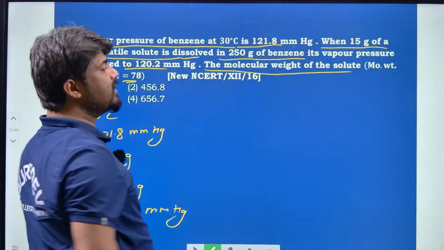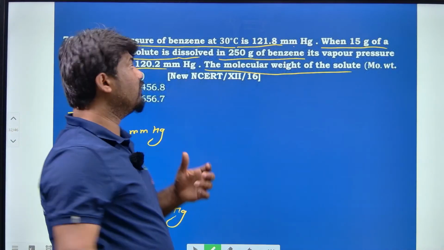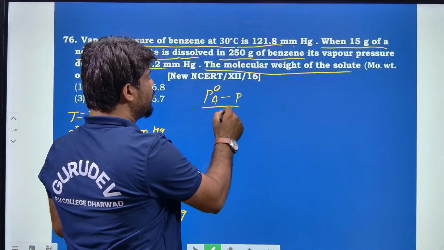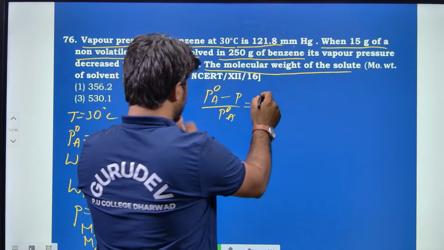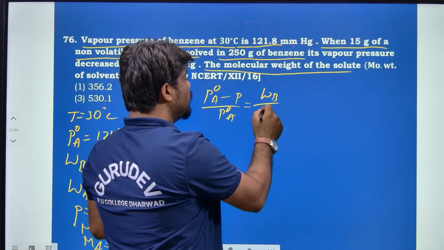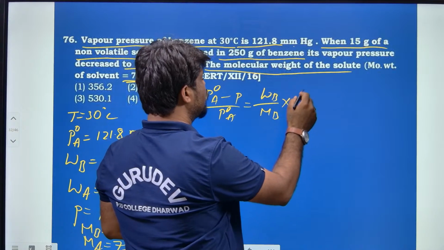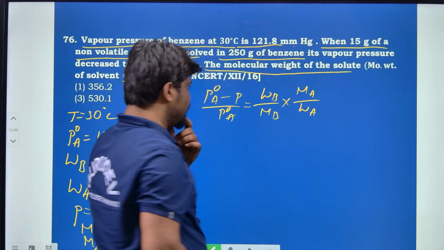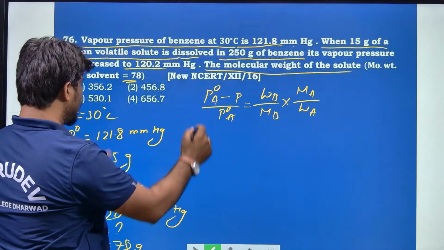So this question is based on the formula of relative lowering of vapor pressure. Then I can write that P naught A minus P divided by P naught A is equal to the given weight of the solute divided by the molecular weight of the solute, into the molecular mass of the solvent divided by the weight of the solvent. So just I will substitute the values. P naught is how much?